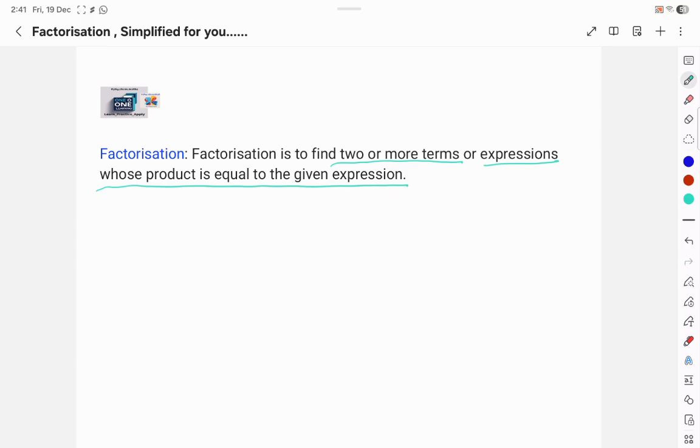Now suppose we have a question where we need to factorize 5x plus 15. So in this expression we have got two terms, 5x and 15. For 5x, 5 and x are the factors.